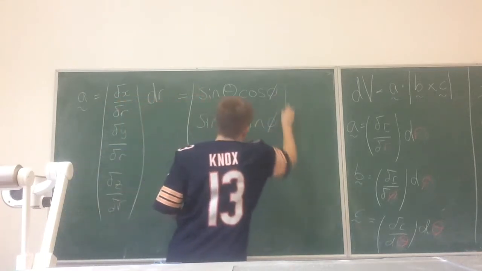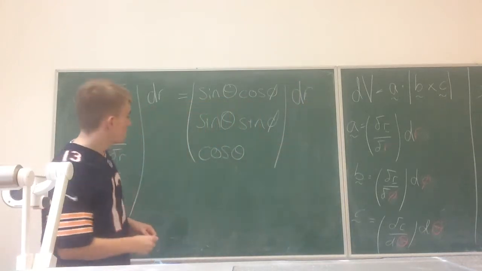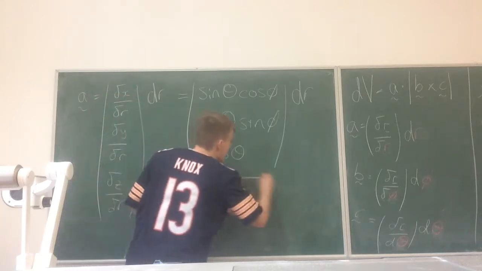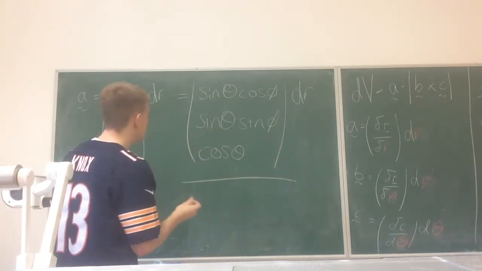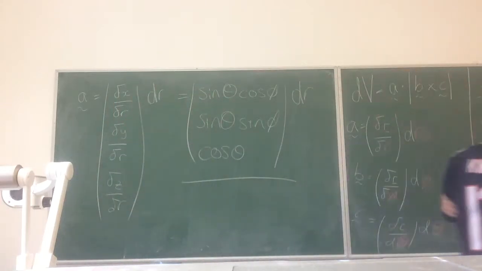Okay, and we put a dr at the end, and this is just our A vector. Okay, cool. I'm going to write this down over here, so we've got it for a second. I'll be back in a tick. Hold on. Give you a chance to copy it down as well.